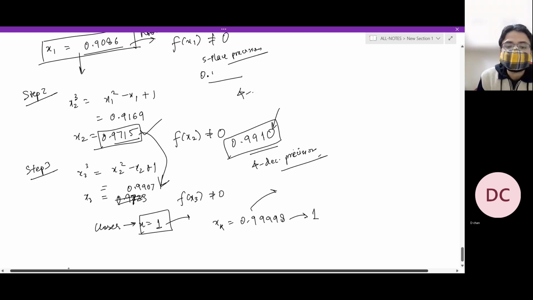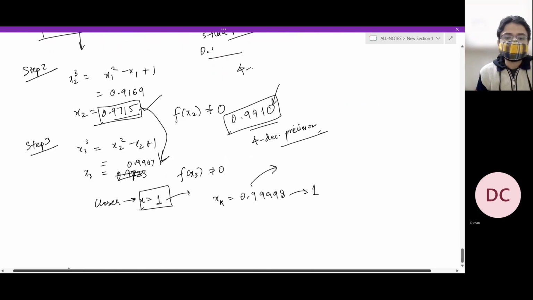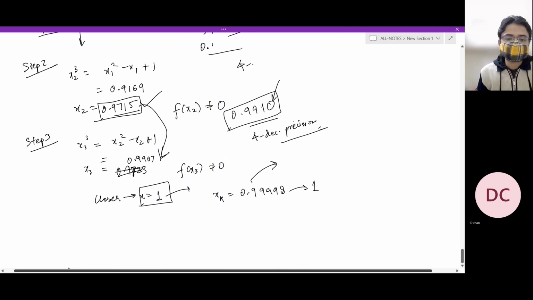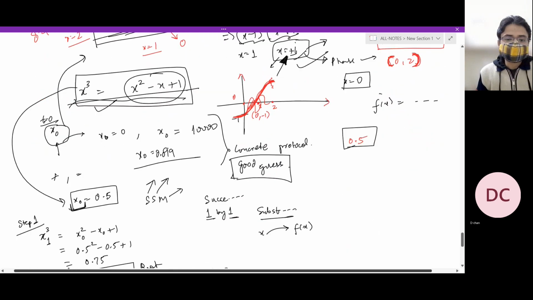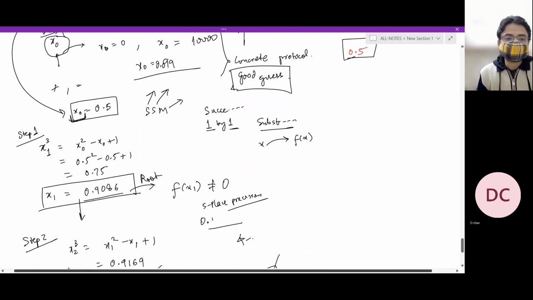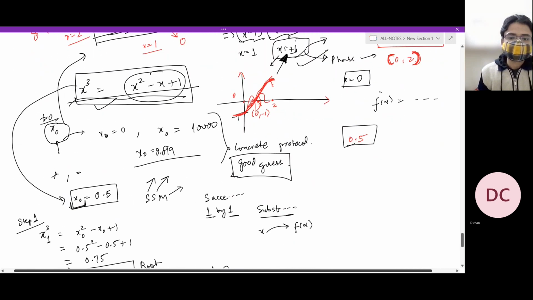But it is sufficiently accurate for our practical applications. So that is the key point. Now this is all about the successive substitution method. Did you get a hold of it? If you have some other problems, would you be able to apply it? Yes, sir, I understand.